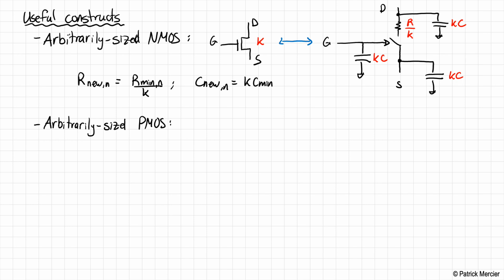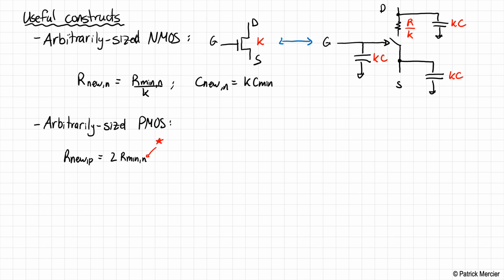Okay, this time I'm going to write down the formulas first. R new, P. Now remember, per our class sizing convention, a PMOS transistor has double the amount of resistance as an NMOS transistor. So it's 2 times R min, N. All right, so let me put a little asterisk here.